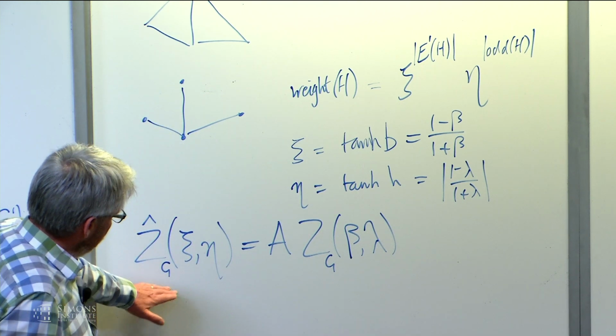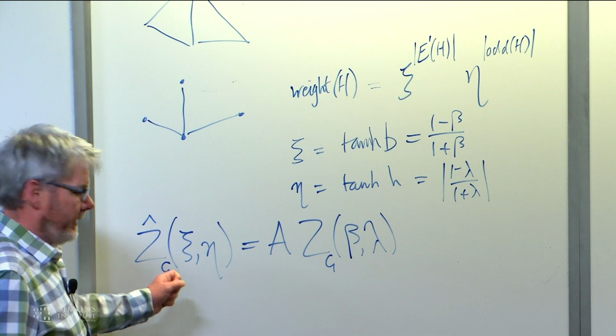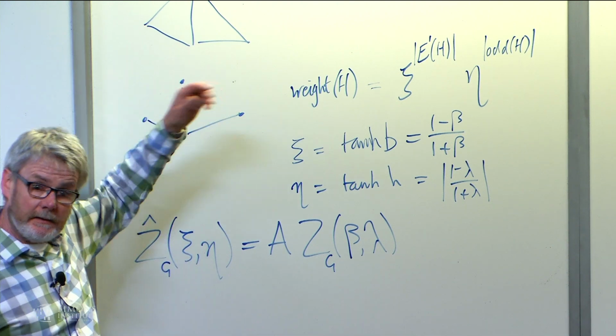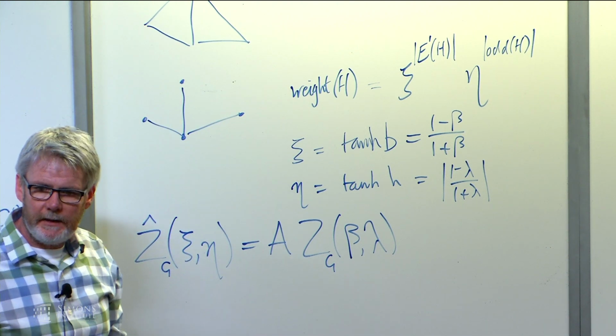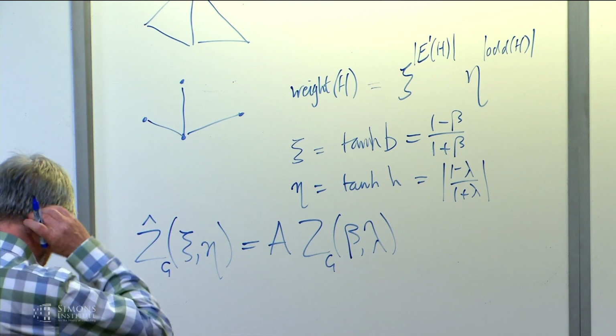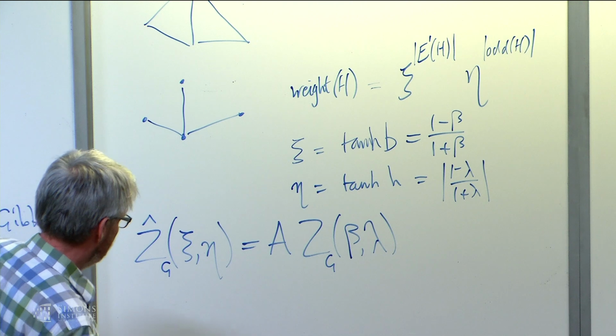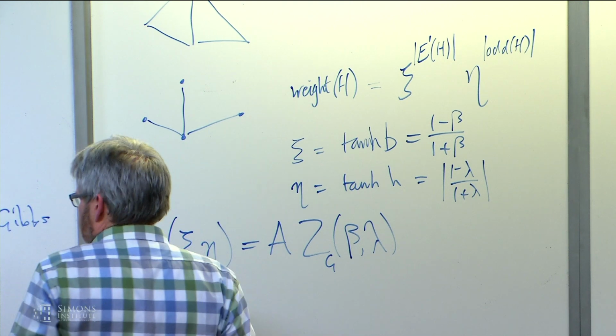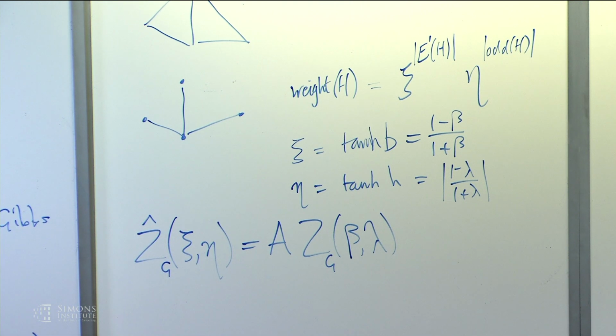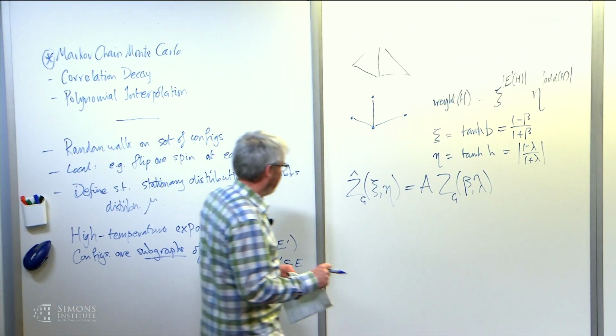And now, if you run Markov chain Monte Carlo in this new set of configurations, it turns out that somehow you don't see the phase transition. So there's no obstacle anymore to this Markov chain not only converging to the Gibbs distribution but converging rapidly to the Gibbs distribution.